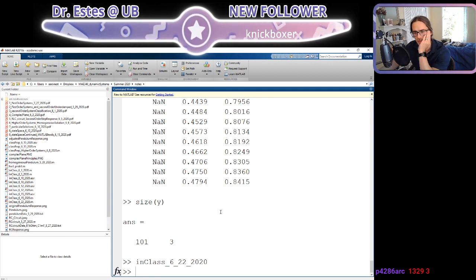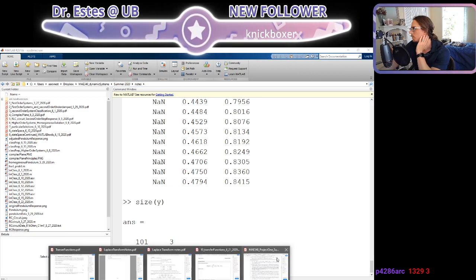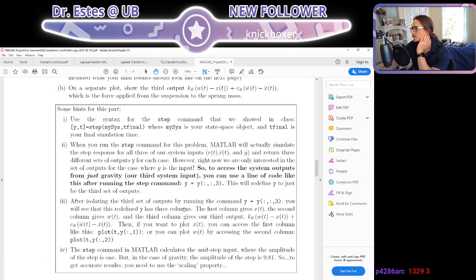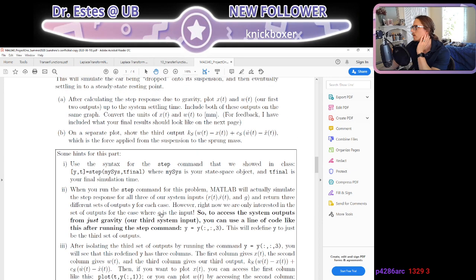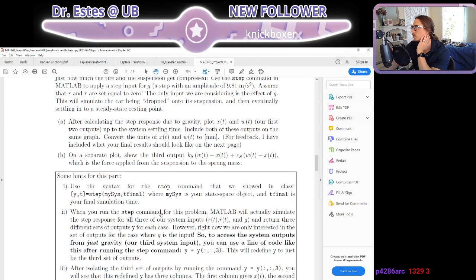So you have 3. Okay, that means that you have 3 outputs, but there's only supposed to be 2 outputs. Oh wait, there is 3.